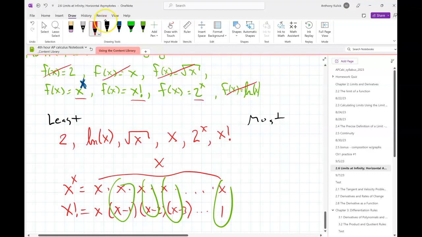So definitely x factorial is smaller than x to the x.